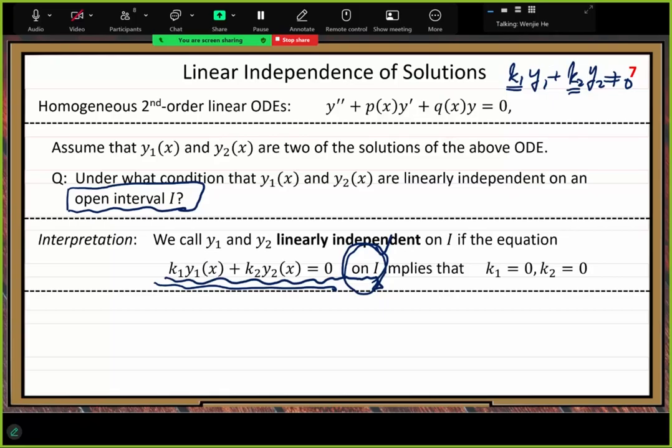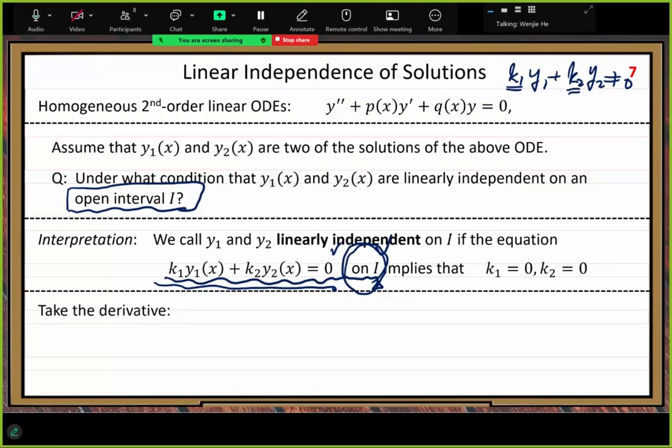In the opposite way, if you can find non-zero k1, k2 such that this equality holds, then we say y1 and y2 are linearly dependent, not independent. Then let's do some exploration. What can we get from this condition?